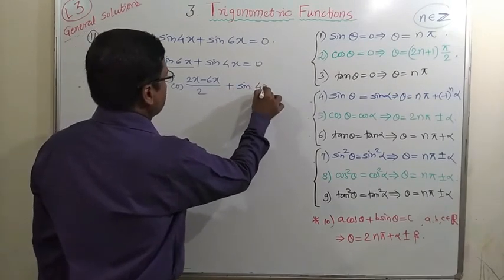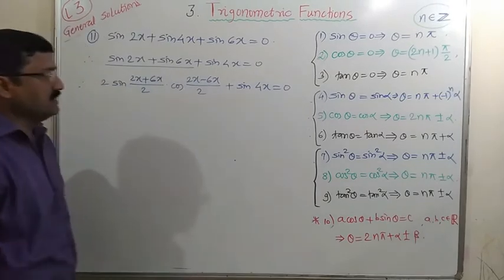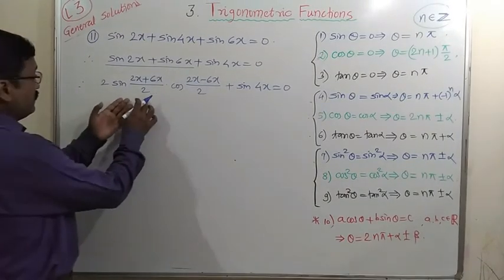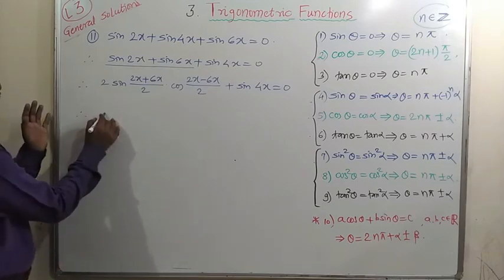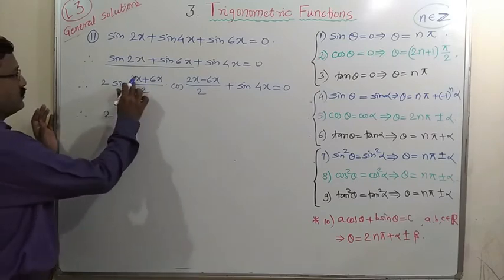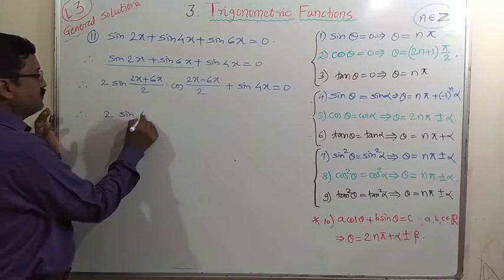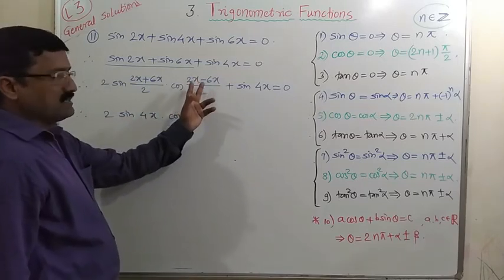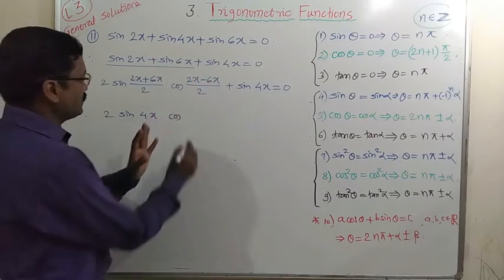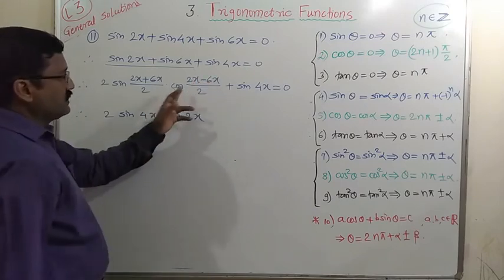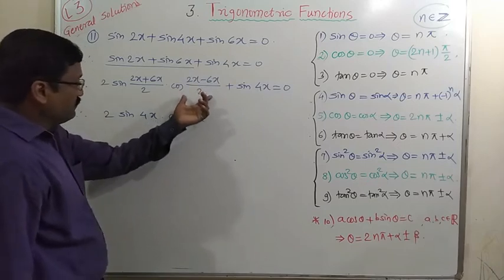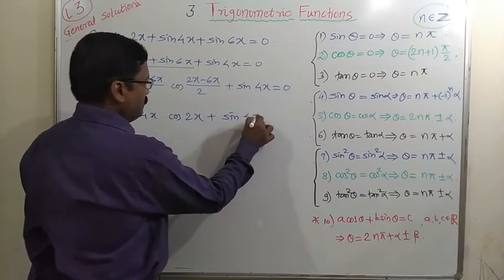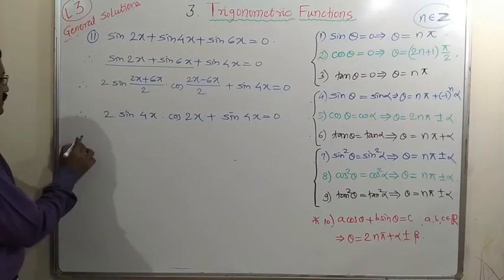The last term is as it is, that is sin 4x equal to 0. Again if we simplify, we get 2 sin of 8x upon 2, that is 4x, into cos of 4x upon 2, that is 2x, plus sin 4x equal to 0.